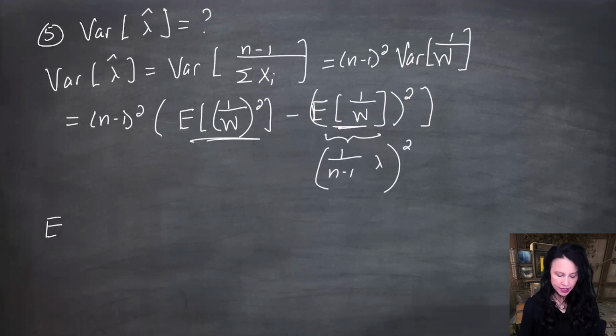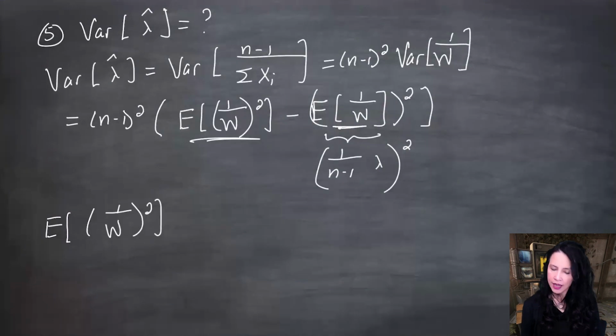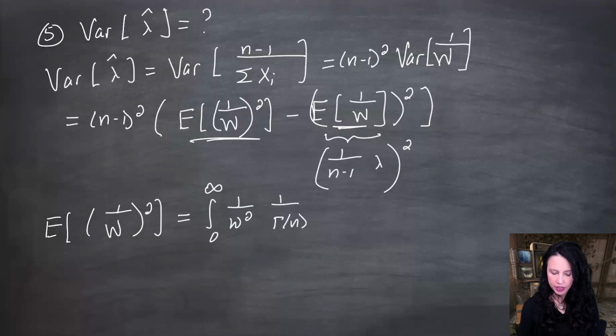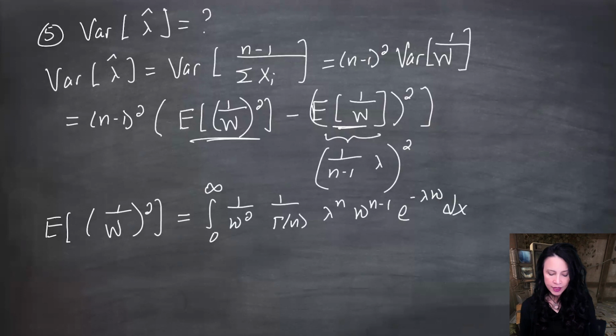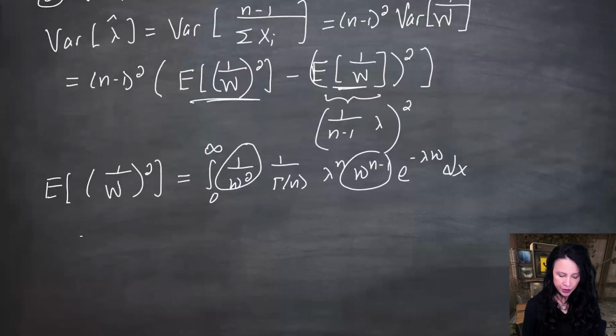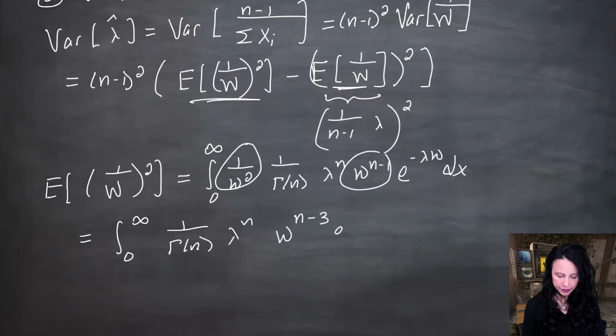So I'm going to do it in the same way, and I'm going to go a little faster. That w has the gamma distribution, so I can compute this as the integral from 0 to infinity of 1 over w squared times that gamma PDF. You can use x's if you want. It's an integral and you're going to plug stuff in. But I have this w piece and this w piece, so I'm going to pull them together. This should be a dw.